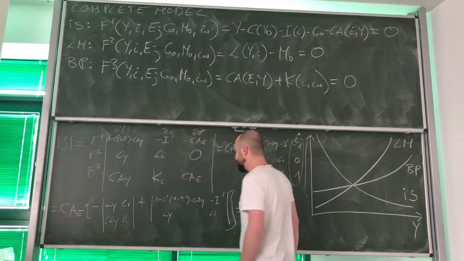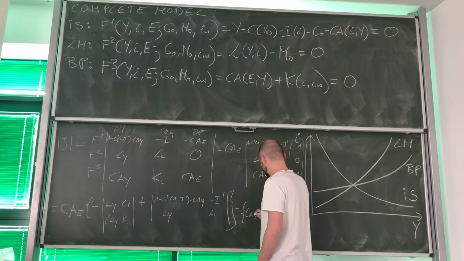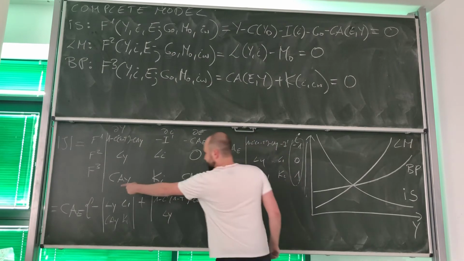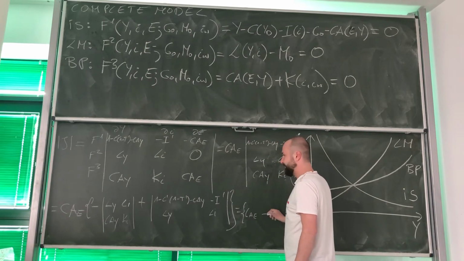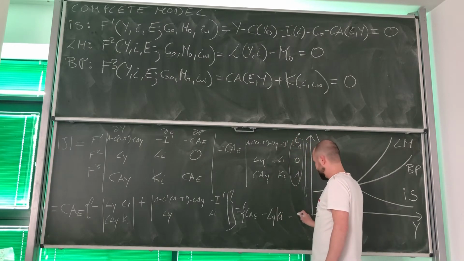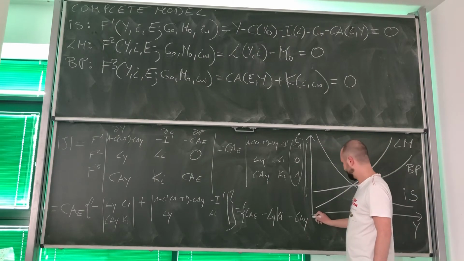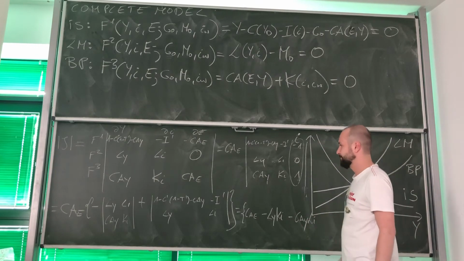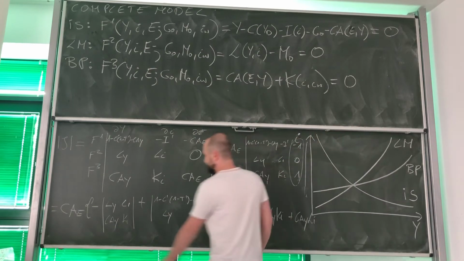Okay, so now we can calculate this all the way through, and we get negative, and then this is negative L_Y K_I minus CA_Y L_I. But there's a minus up front, so it's plus, right?